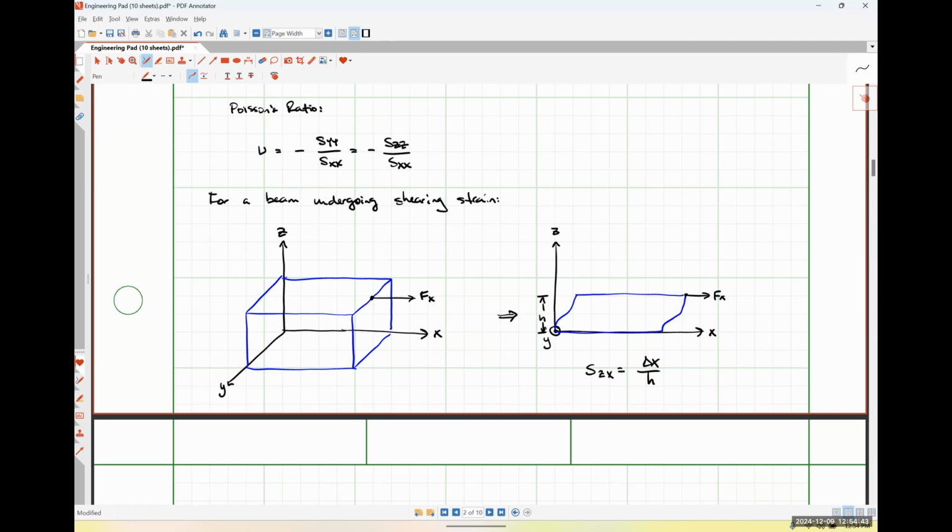That actually should have been 3 units high, but whatever, you guys get the gist. And then our delta x dimension would have been this guy right here.